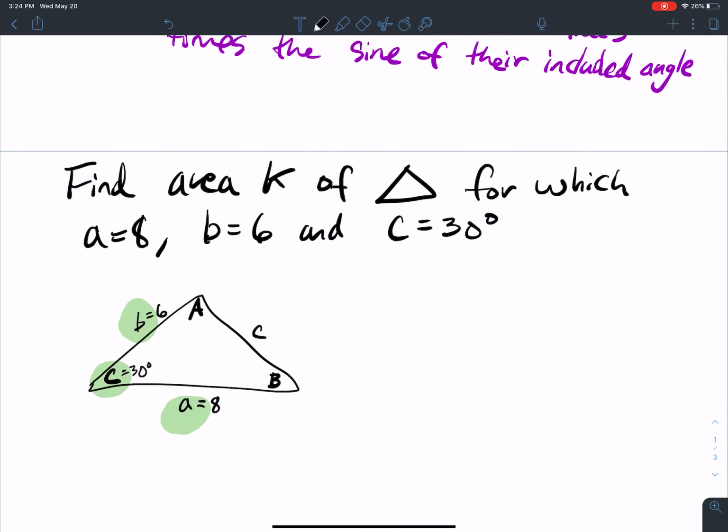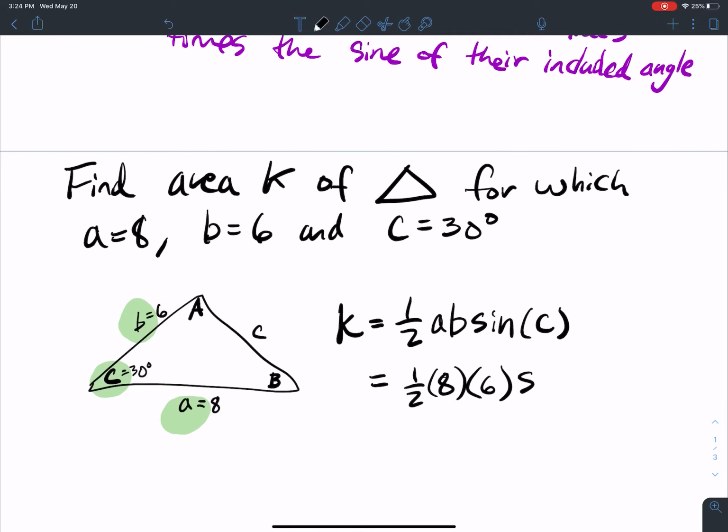So I want to find the area here. The area is equal to 1/2 AB sine of C, which is equal to 1/2 times 8 times 6 times the sine of 30 degrees.